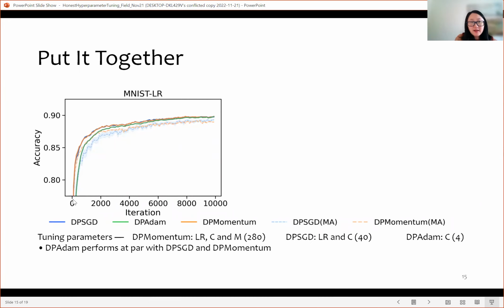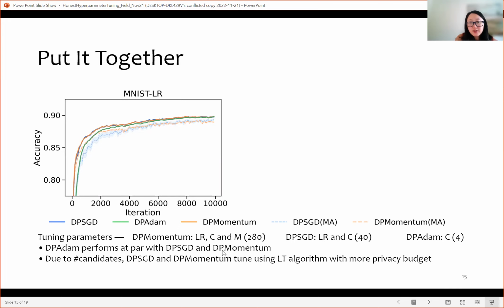And we can see that DPAdam, which is the green line, obtains almost as good accuracy as the other 2 DP optimizers. However, to achieve the same accuracy, right, the DPSGD method and DP momentum make use of a much larger space of hyperparameters, and hence they consume more privacy budget, as we have shown in the previous slide.